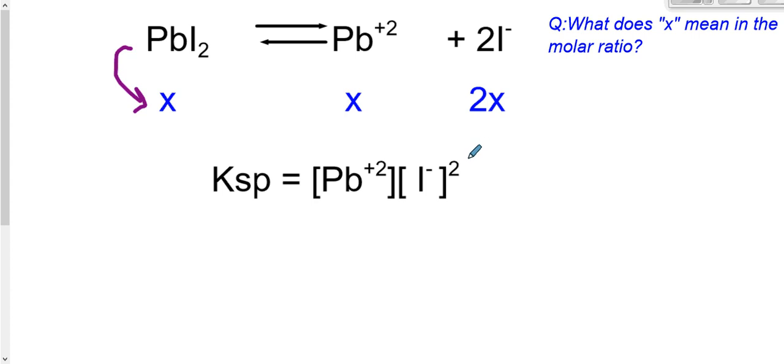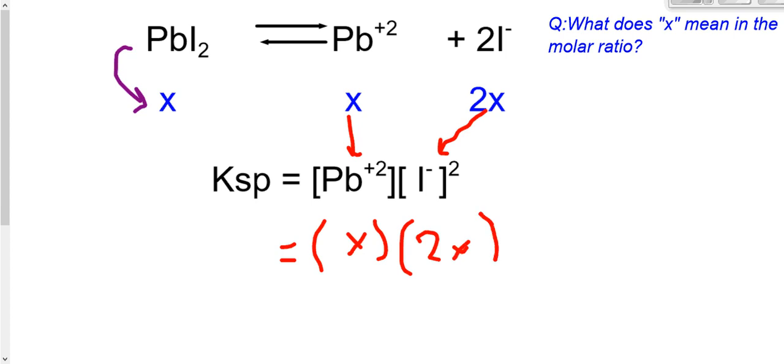Inside the brackets, I'm going to say, what is the concentration of lead? Well, the concentration of lead was X. So I'm going to put this X right inside the brackets. The concentration of iodide was 2X. And we have to remember to square it. Now here's another place where kids make a bit of a mistake on a regular basis. 2X squared: this square applies to both the 2 and the X. So 2 squared is 4, and X squared is X squared.